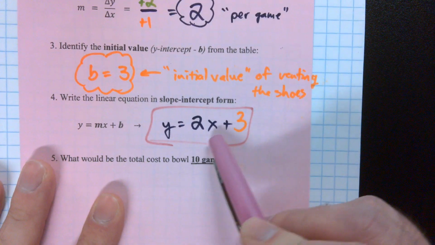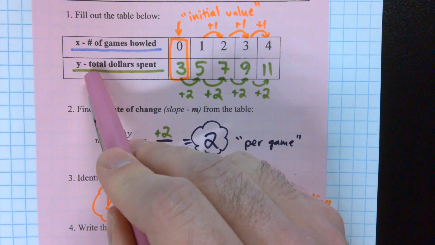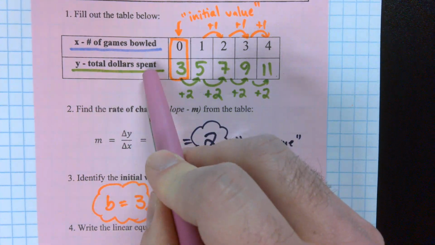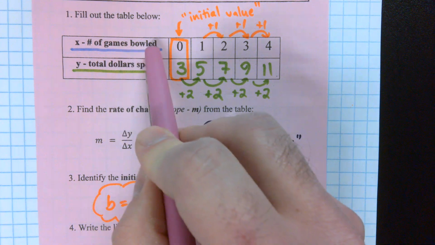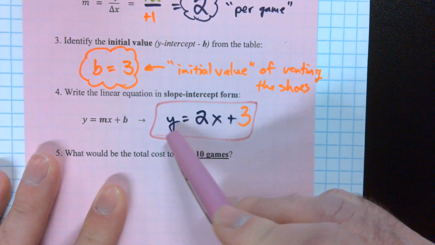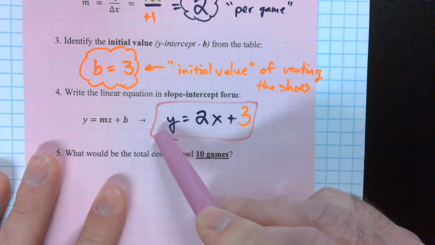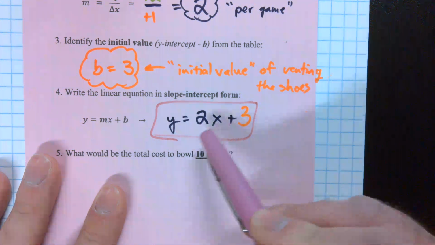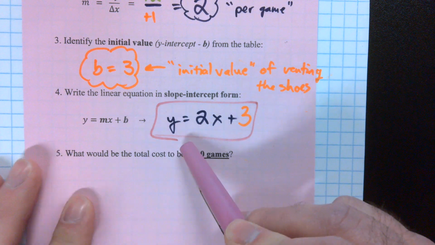Okay, I'm going to say that again. This function here is a function of y. y represents the total dollars spent at the bowling alley. And x is the number of games bowled. So if we want to find out how much we would spend in total, all we have to do is plug in a certain number of games for x and solve it out to get the cost.